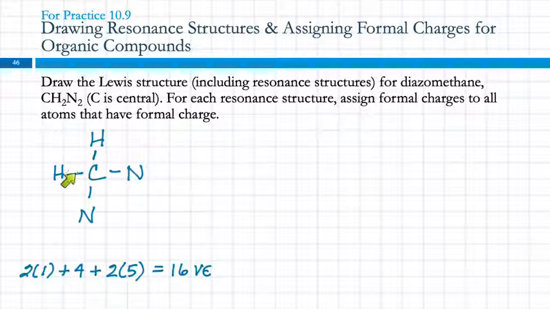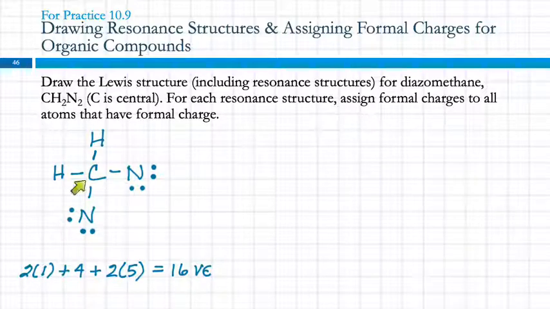So I have 2, 4, 6, 8, 10, 12, 14, 16. Okay, used up all my electrons. That means I need to do more sharing. I need to make a multiple bond.